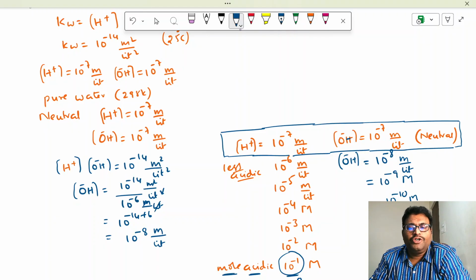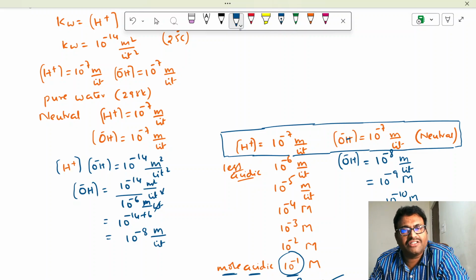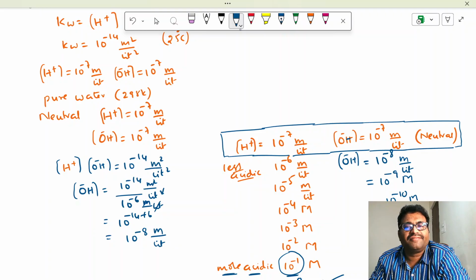Okay. So more the H plus ion concentration, more acidic, very less OH minus ion concentration. More H plus ion concentration, more acidic; less OH minus ion concentration, more acidic.